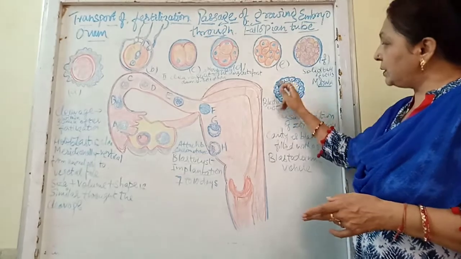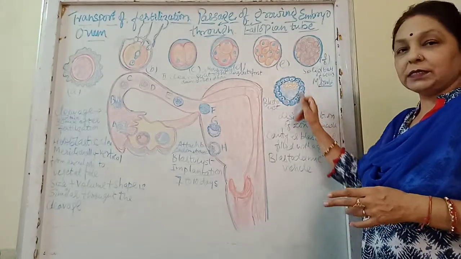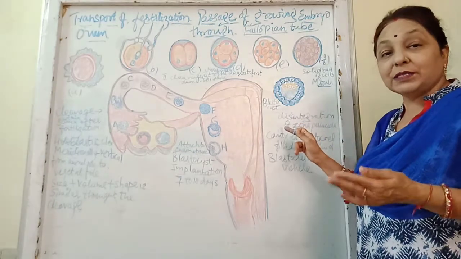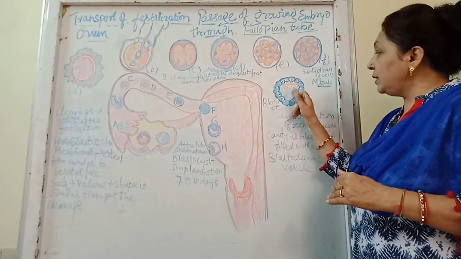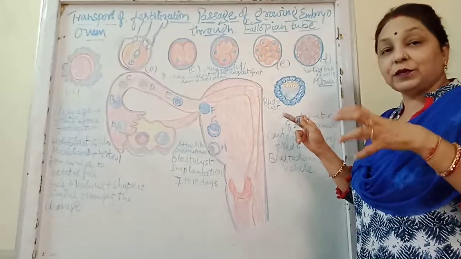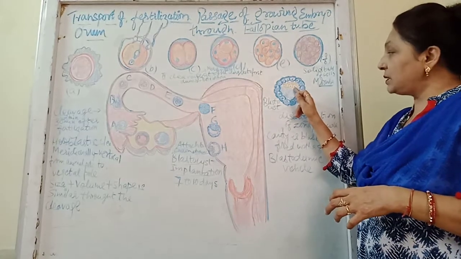I told you it has this outer wall which is made up of a line of cells, and these are termed trophoectoderm or trophoblast, and these are the inner mass cells. Aggregates of cells are also formed here, called inner mass cells.